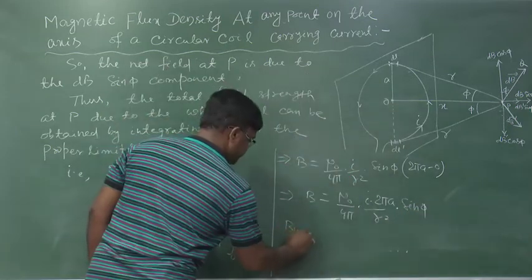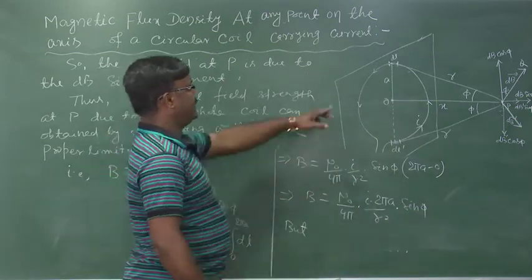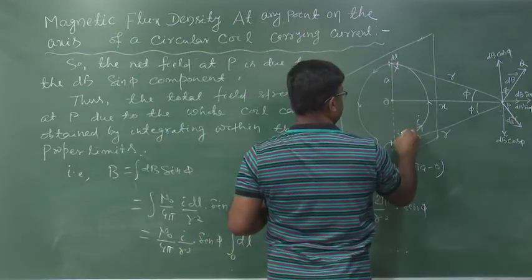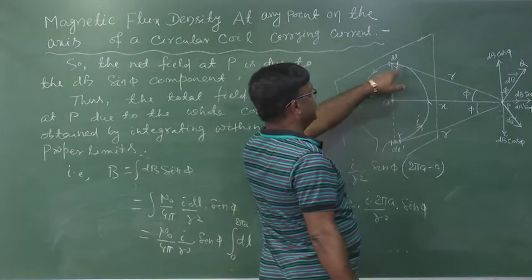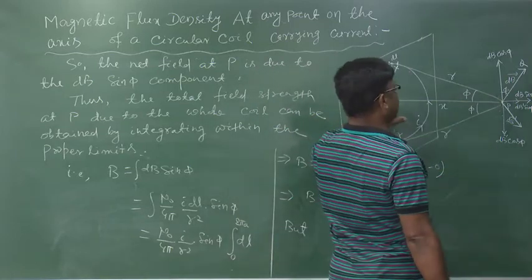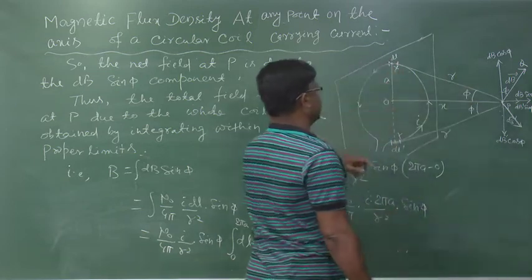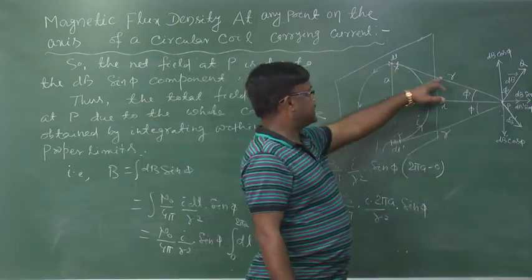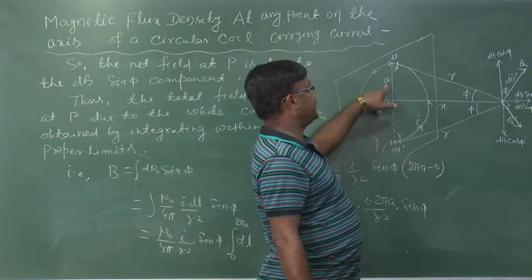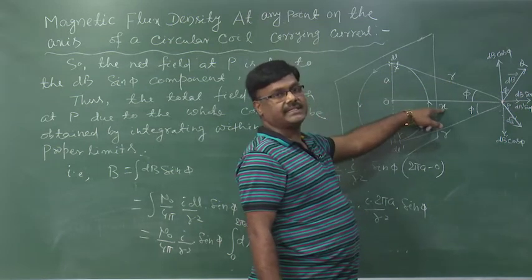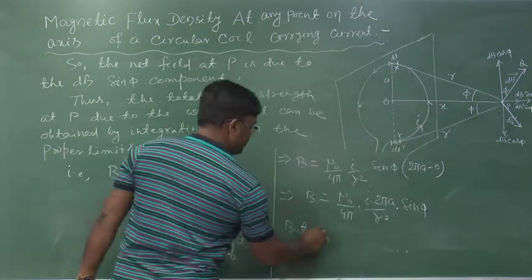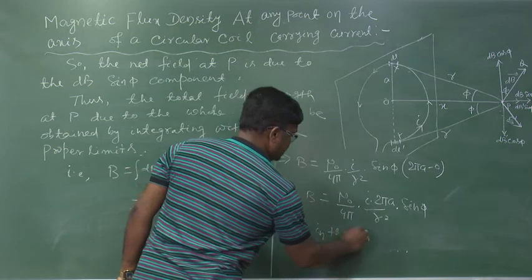But in the triangle OPX, let this be x and this be y. In the triangle OPX, this r is the hypotenuse and here the height is a and the base is x. So, r square will be a square plus x square.